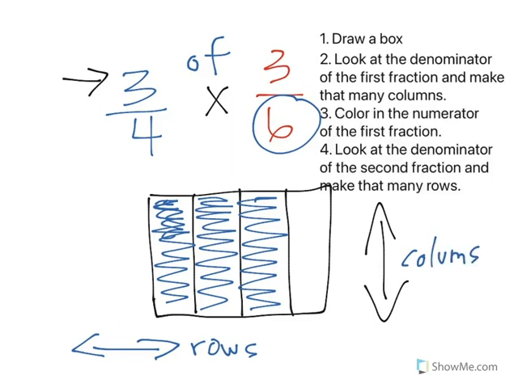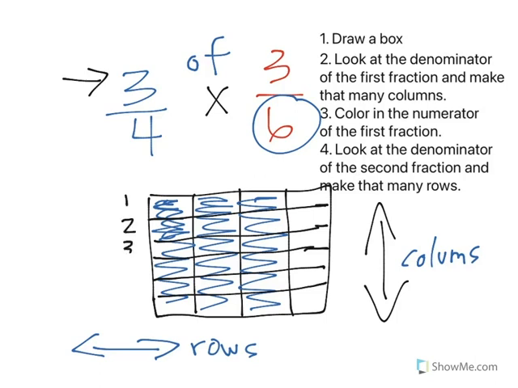All right, so we have 6 rows we need to make, so go ahead and draw those. And a trick when you are making these is you do one less, so we have 6 rows that we need to make, so you draw 5 lines, and that will make 6 rows. So if you look, we have 1, 2, 3, 4, 5, 6 going this way. And we have 1, 2, 3, 4 going this way, because that is that denominator.